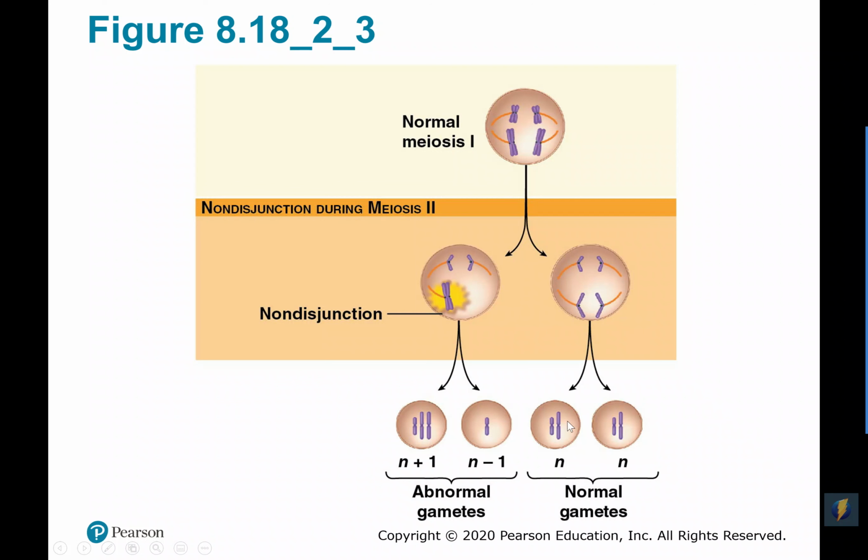They've got their normal haploid number. But here you have an abnormal gamete that has an extra chromosome, and an abnormal gamete that doesn't have enough chromosomes. And so whether it's a failure of separation of the homologous chromosomes or the sister chromatids, either way we can end up with an abnormal number.